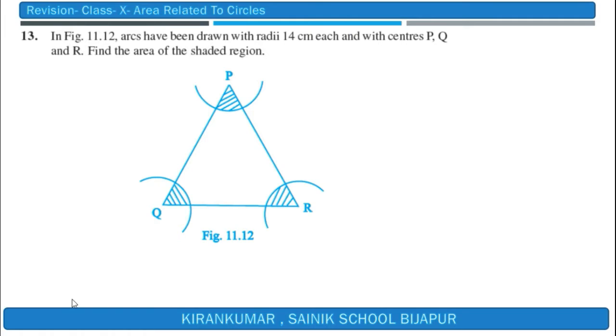Question 13. Figure 11.12. Arcs have been drawn with the radii 14 centimeter, with the centers P, Q and R. Find the area of the shaded region. If you observe carefully, this is a triangle.